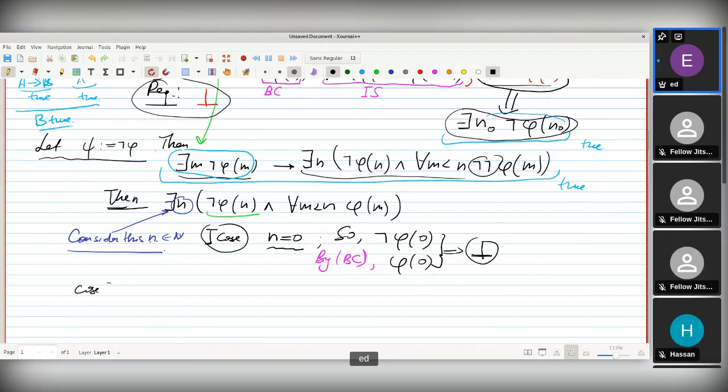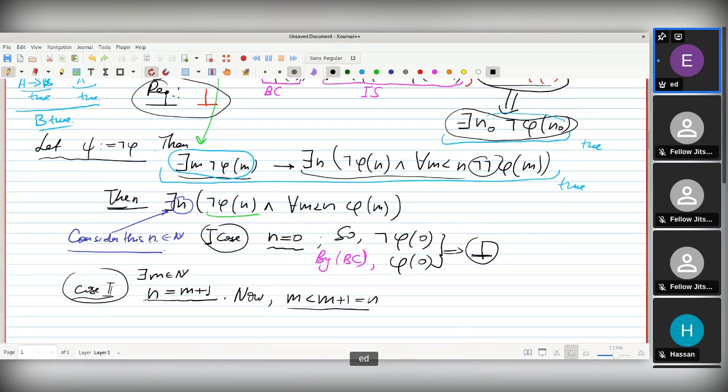Now let us consider case 2. Now n is not 0. N is something like m plus 1. You know, for every natural number, it is either 0 or of the form m plus 1. So n is m plus something. But now this m is clearly less than m plus 1.